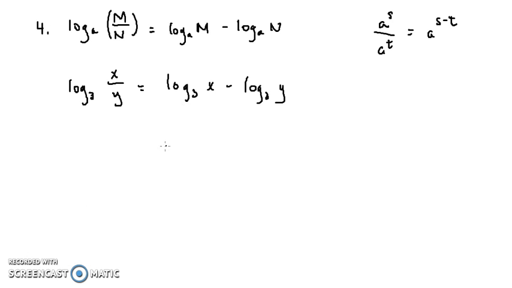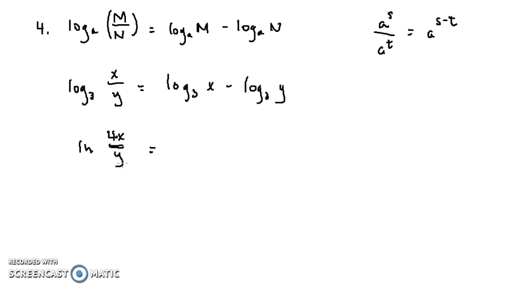Now we can also put these together. Let's say we have natural log of 4x over y. And you say, okay, well, I have division, and I know that division breaks up as subtraction, but I also have multiplication right here, and that breaks up as addition. So anything in the numerator is going to break up as addition.